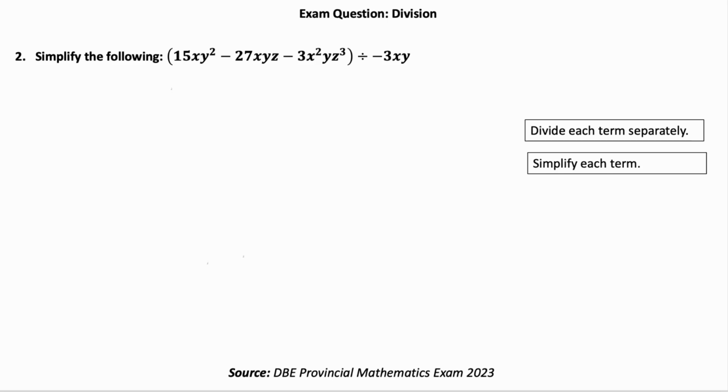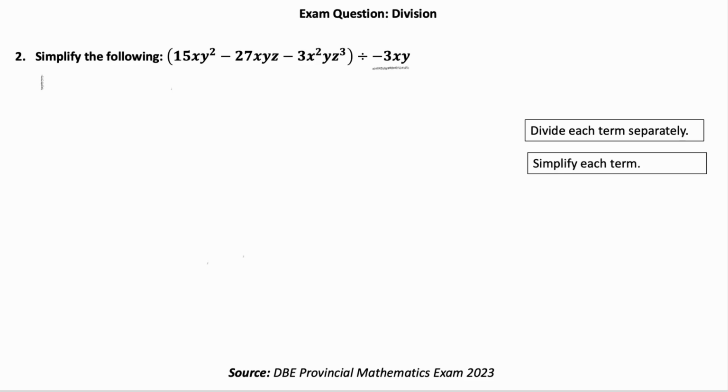Now, when dividing an algebraic expression by a monomial, that means by a single term, like over here, we have a single term. We divide each term in the bracket separately by that monomial. So we'll rewrite this as three separate fractions, each one divided by negative 3xy. Let's do that.